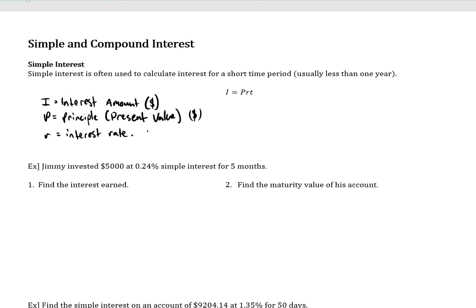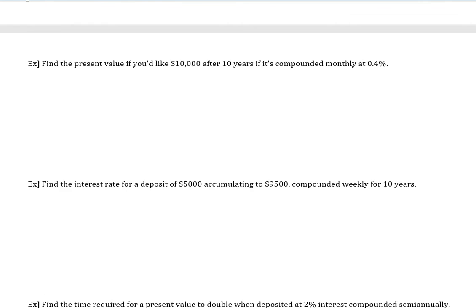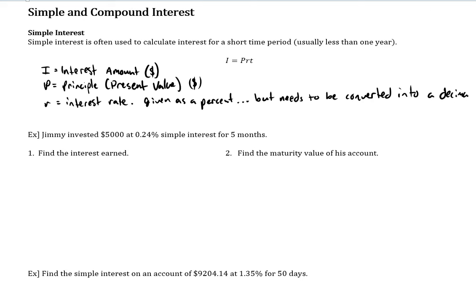So it's given as a percent, but needs to be converted into a decimal, and that'll be easy to do. We just have to move it over twice to the left. We'll show that once we get to that problem.